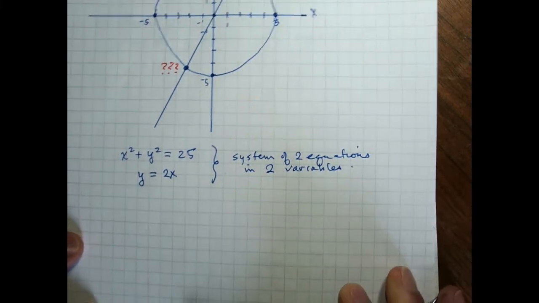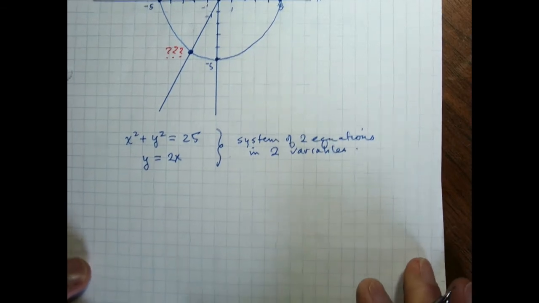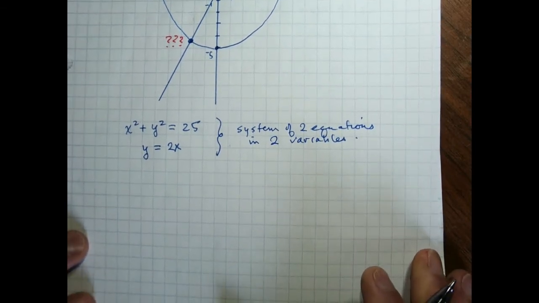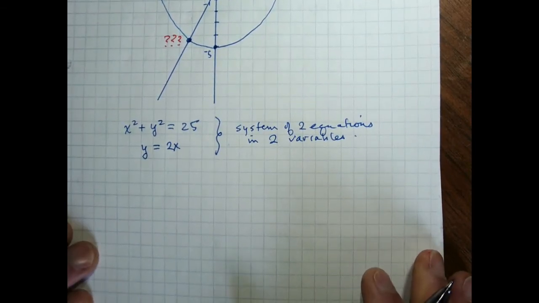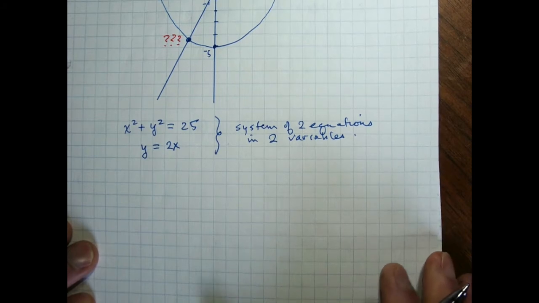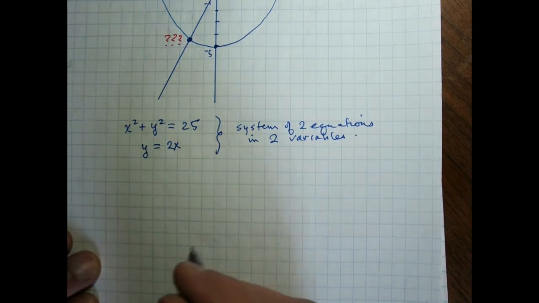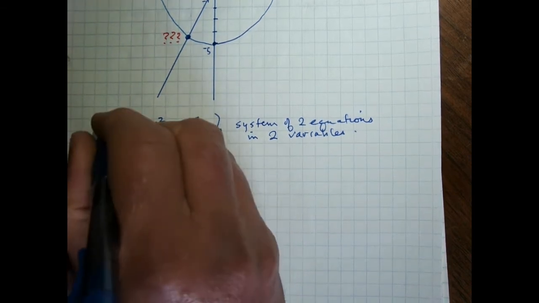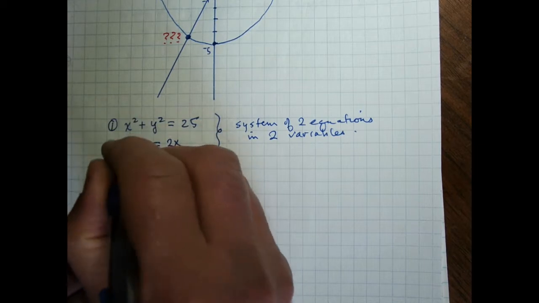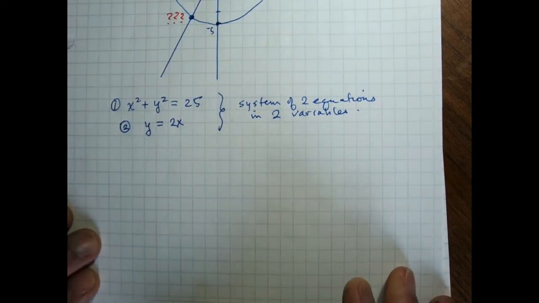And I think you've probably solved systems of equations before, maybe systems of linear equations. And there are different kinds of techniques you can use. Probably the most useful technique in algebra for solving a system is a substitution method. I'm just going to label these equations 1 and 2.